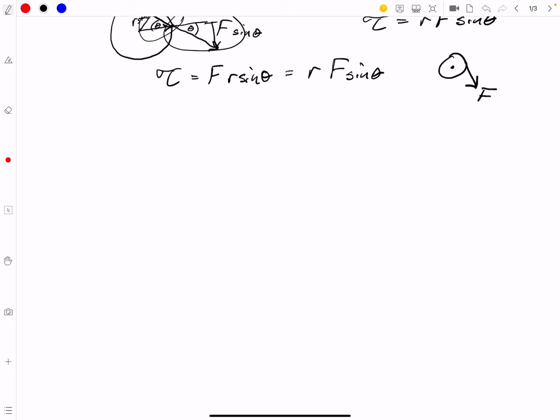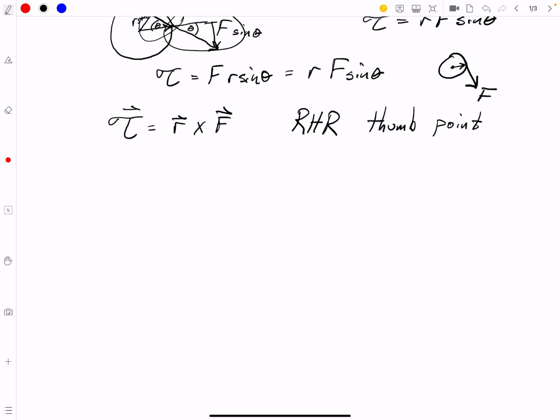Here's our R. There's F. So if the torque equals R cross F, then we put our fingers along R and we curl them to F. And the only way to do that is for our thumb, so here's the right hand rule, our thumb points down.